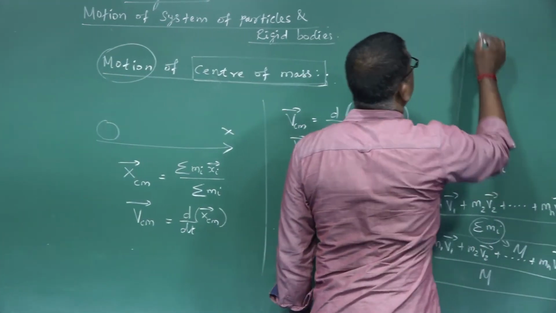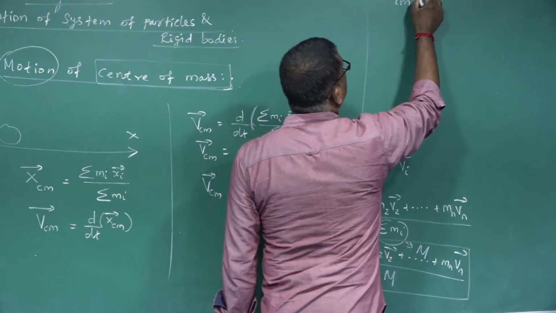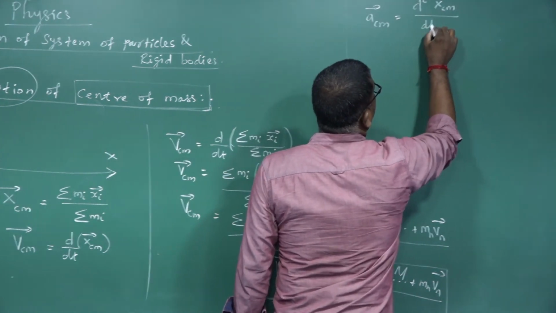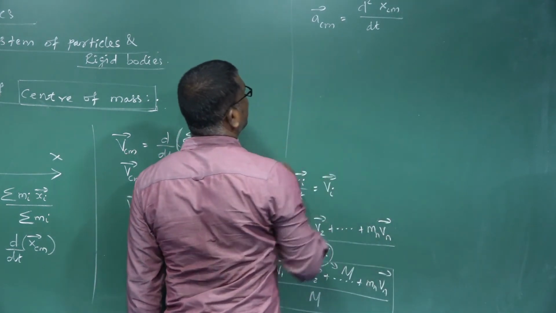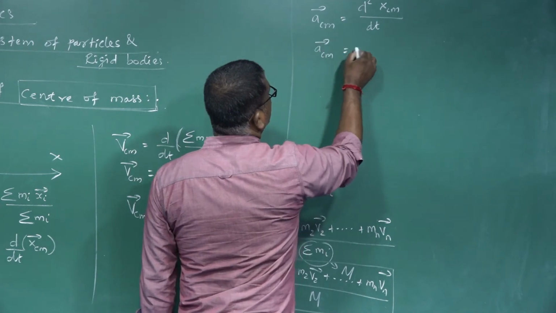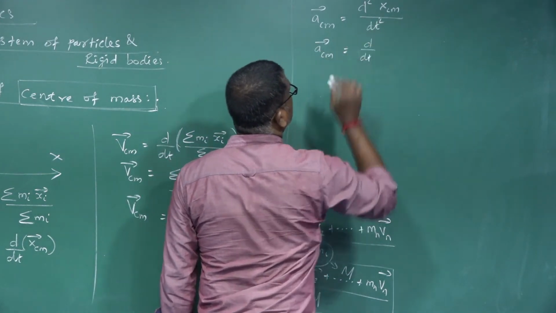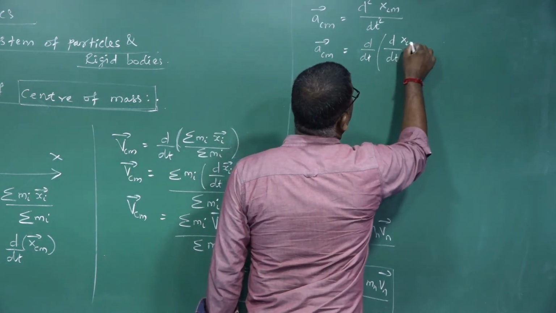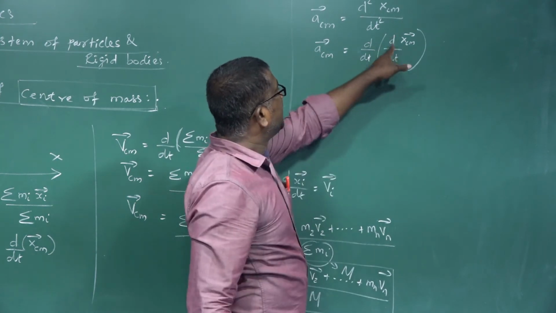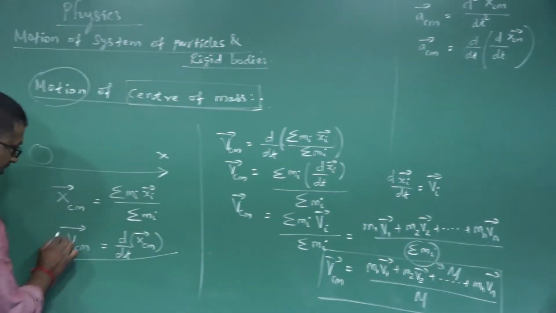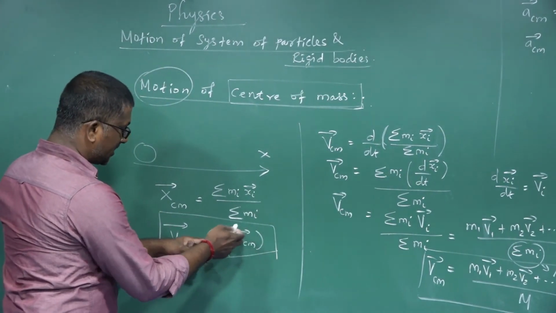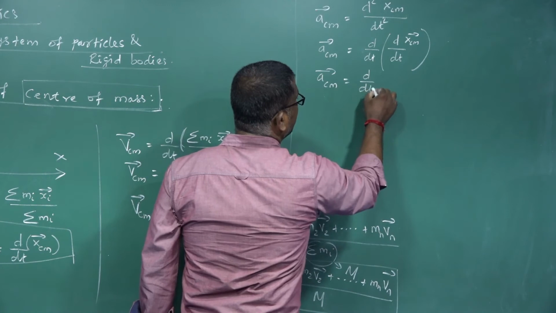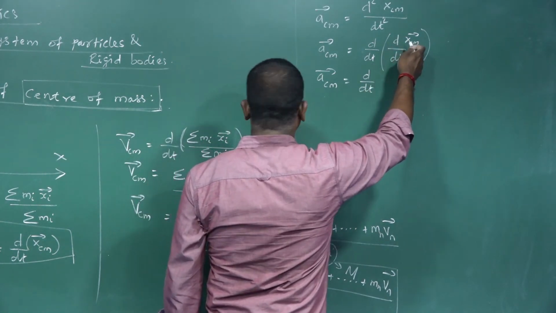The acceleration of the center of mass is denoted by A_cm vector, which is equal to d squared by dt squared of x_cm vector. So d/dt of x_cm vector is equal to V_cm vector, therefore A_cm vector is equal to d/dt of V_cm vector.